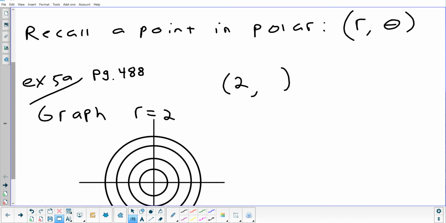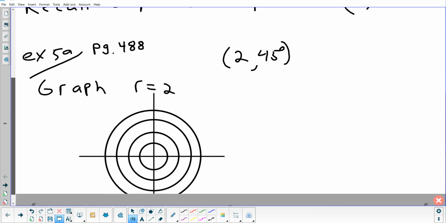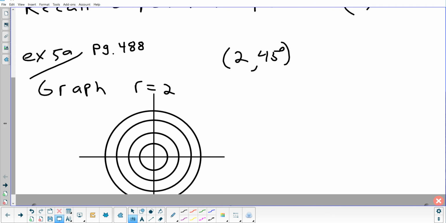We just always have to keep the radius as 2. What would be an angle? Yep? 45. That is a point that would satisfy this equation. This equation just says r has to equal 2. Doesn't care what theta is at all. So that point 2, 45 would be right there.